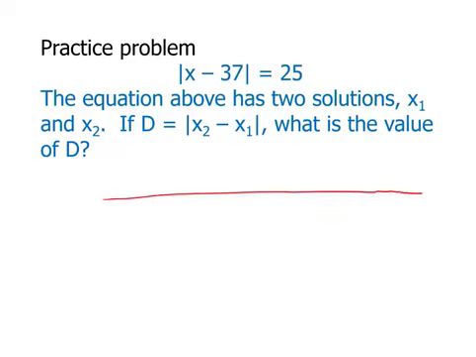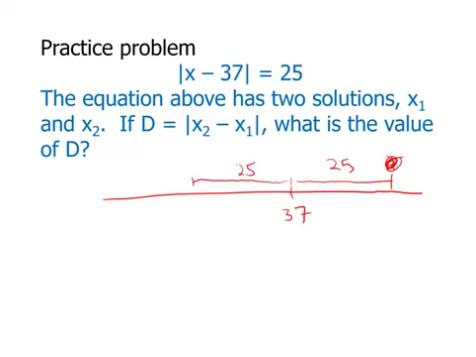Let's think about this. We have 37 here. And the two solutions of this equation are a distance of 25 from 37. So we're going to go up to here. This is some distance of 25. We don't even care about that location. The other is a distance of 25 down here.